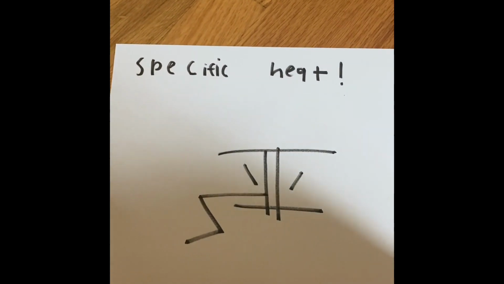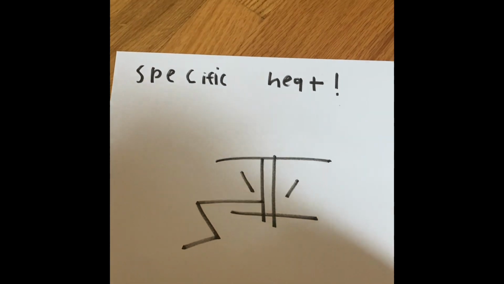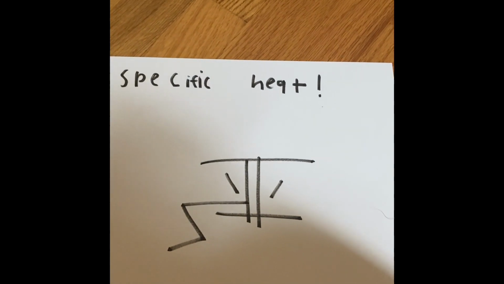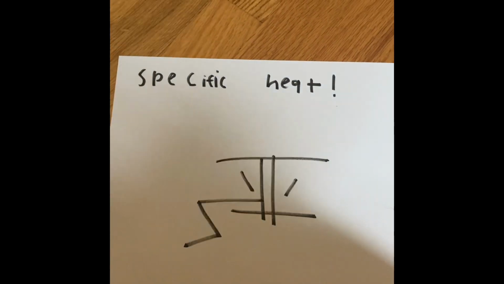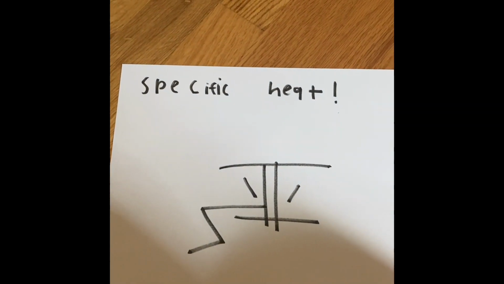But what we're going to measure is, if I put this thing in a liquid, what is the change in temperature and how much energy was used for that to happen?